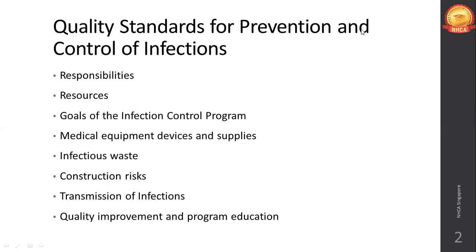Coming to the goals of the infection control and prevention program, the hospital designs and implements a comprehensive infection control program that identifies the procedures and processes associated with the risk of infection and implements strategies to reduce the infection risk. So first identify the risks of infection, and who are the patients at risk of getting infection.